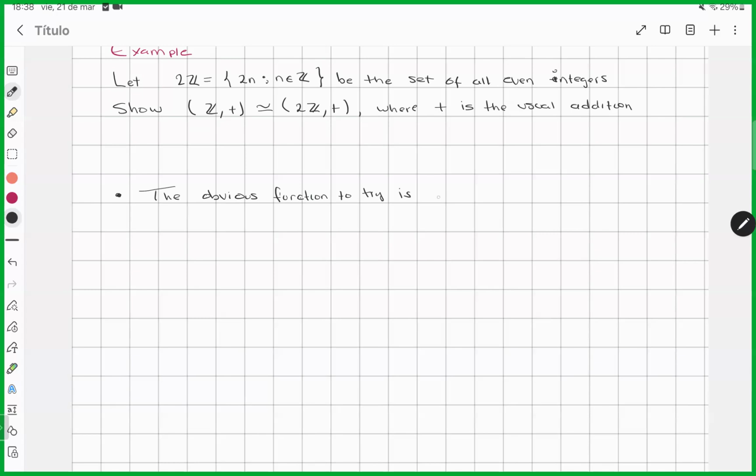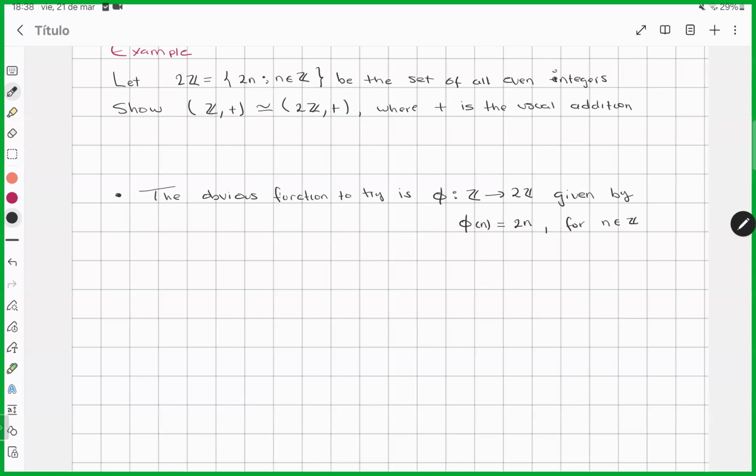Phi going from ℤ to the set of even integers given by phi of n is equal to 2 times n, for n an integer.